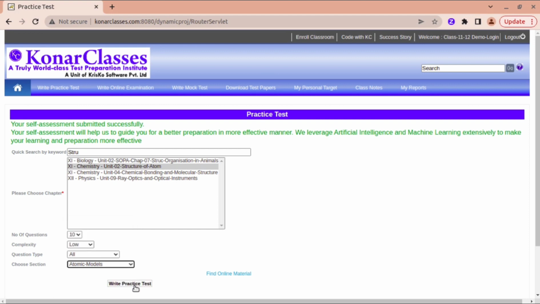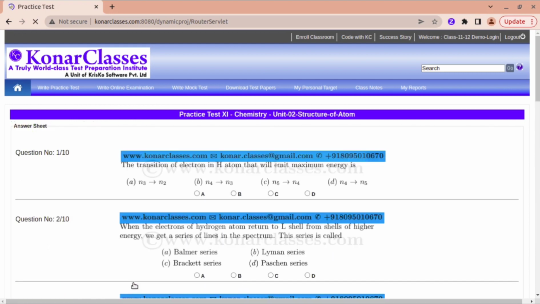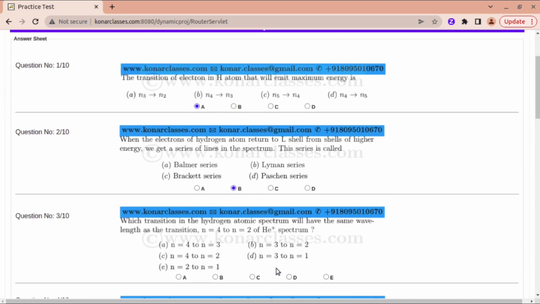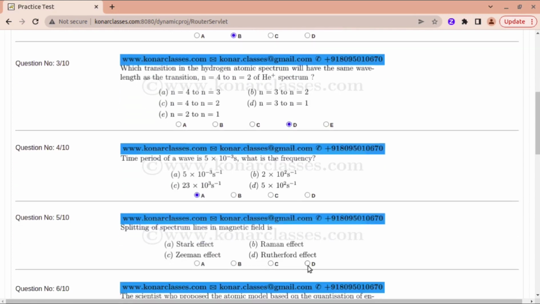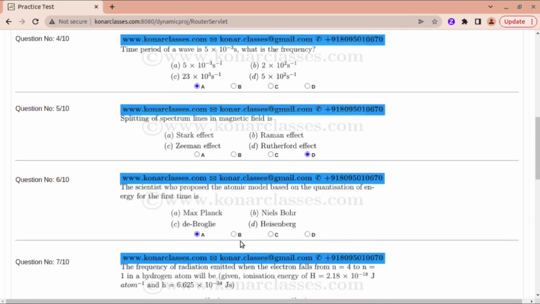So what will happen? From the section atomic models, 10 questions of complexity low from the unit or chapter titled structure of atom will be given to you. And you see here these 10 questions came. Then in a similar manner you need to solve these questions, followed by the self-evaluation.